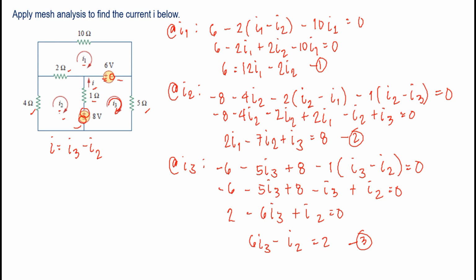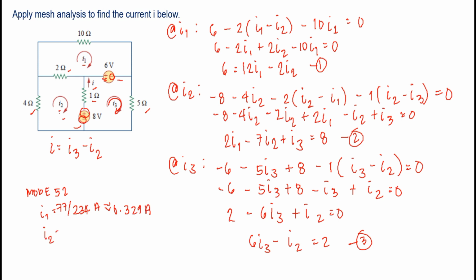So we already have three equations, three unknowns. So just put it in mode 5-2. Using mode 5-2, our I1 will be equal to 77 over 234 ampere, or equal to 0.329 ampere.